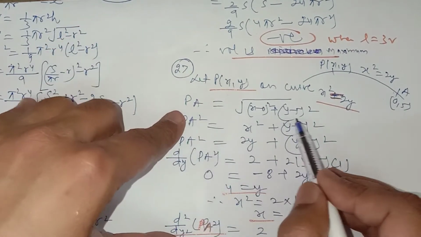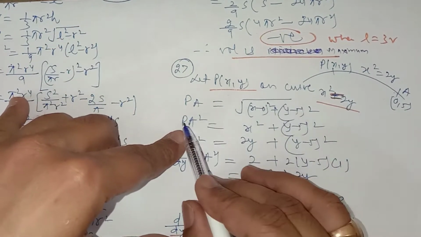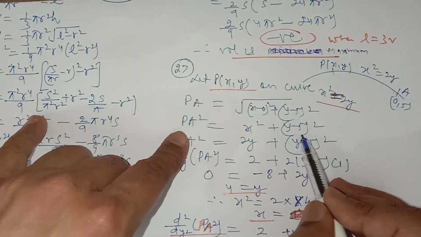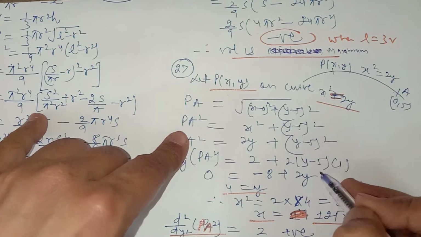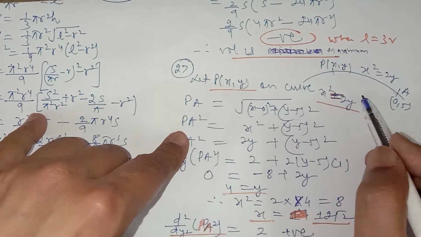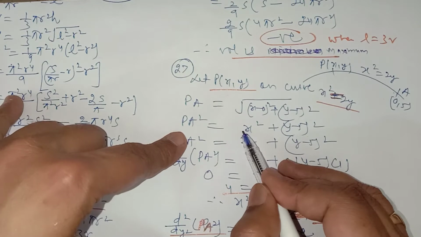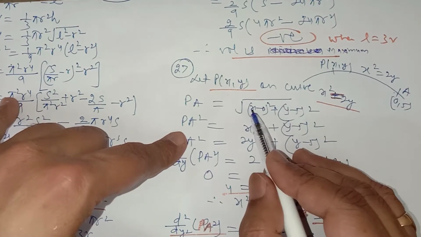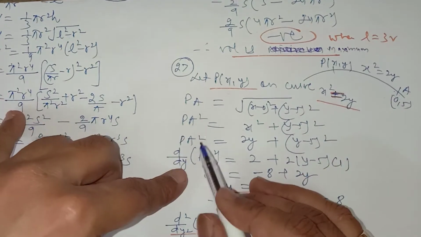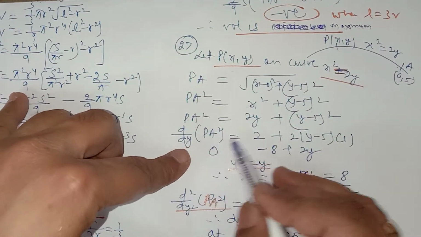You have to prove that this distance is minimum. We can remove the square root by squaring both sides. You can replace the value of x square as 2y because you have to eliminate one of the variables, since two variables are there.